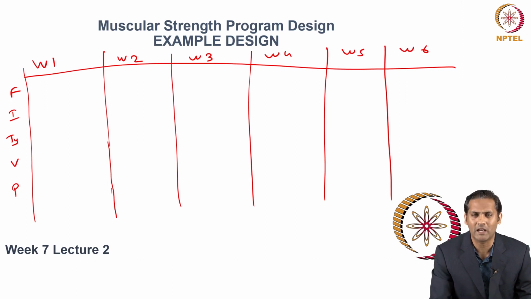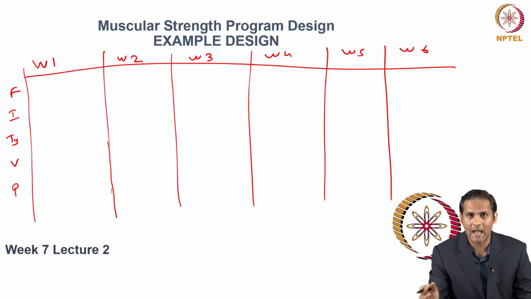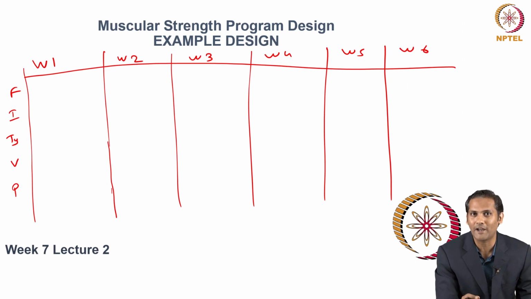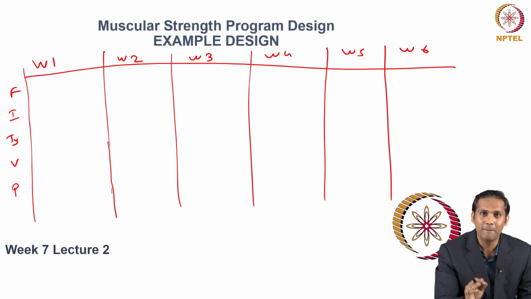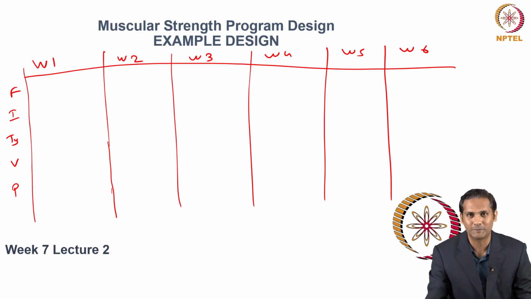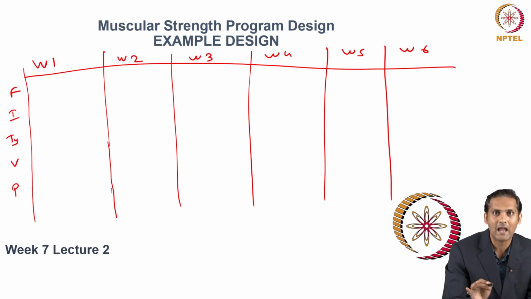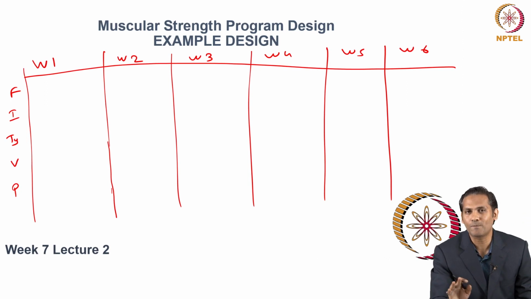I have not mentioned that because that is not part of program designing. That is part of workout designing, and this may lead to confusion. So I would like to clear here that program designing is completely different from workout design. Now let's start by filling up my weekly FITTVP where I apply the concept of program designing.